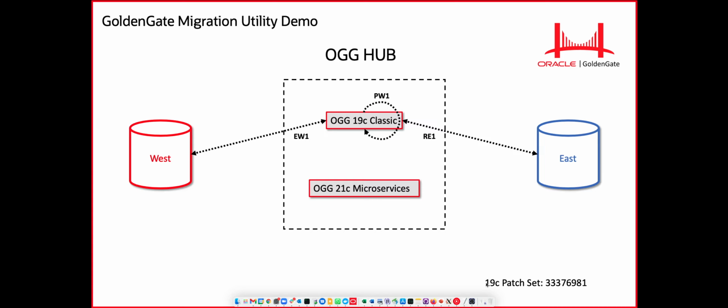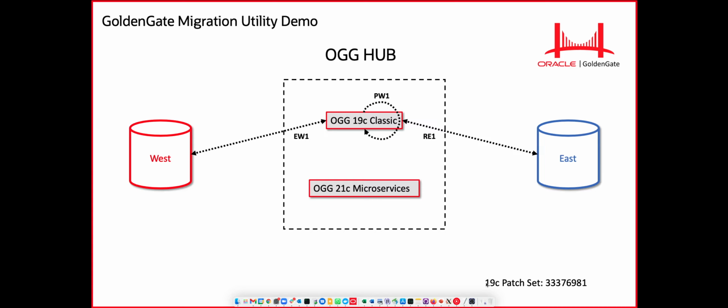So your extract, your pump, and your replica are all inside this hub server, which connects remotely to the source and target. Because it's a hub configuration, I didn't need to create the pump, but I did it for demonstration purposes so that we can also migrate the pumps to the microservices.